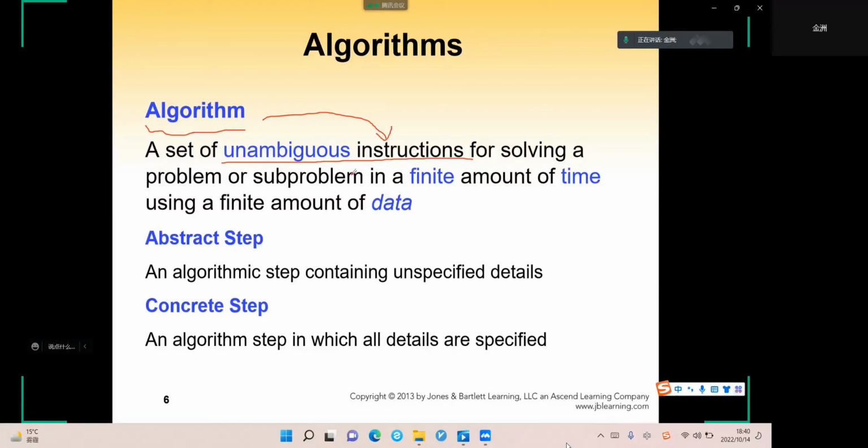What kind of instructions? Unambiguous instructions. So what are these instructions for? They are used for solving a problem, okay? The main purpose of any algorithm is to solve a problem. Of course, it could be a problem or sub-problems, because we always use the divide and conquer concept in the computing system and in algorithm design.